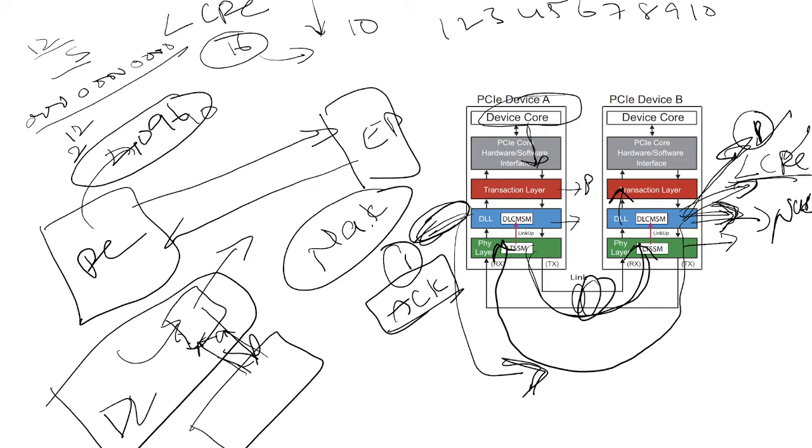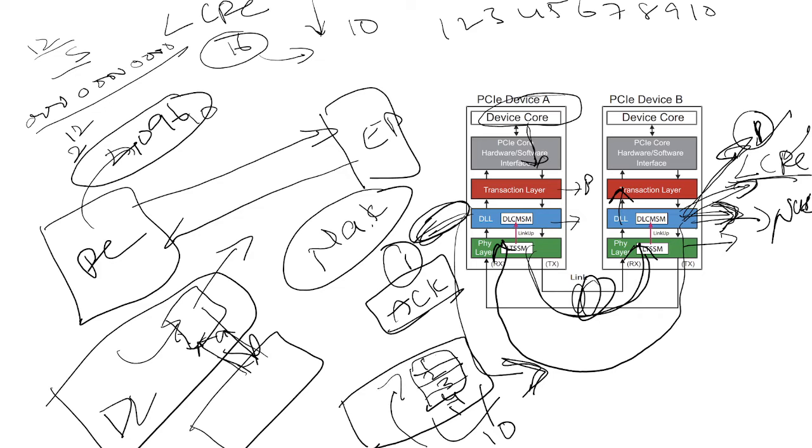Let us assume a scenario where the DL layer stores packets in a buffer: 1, 2, 3, 4, 5 and so on up to 10. If you get sequence number 1 with an ACK, then this packet will be removed.